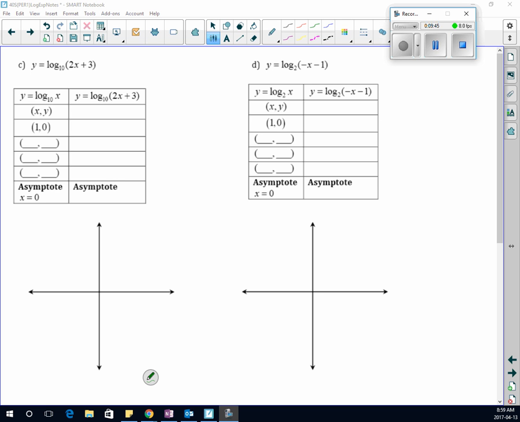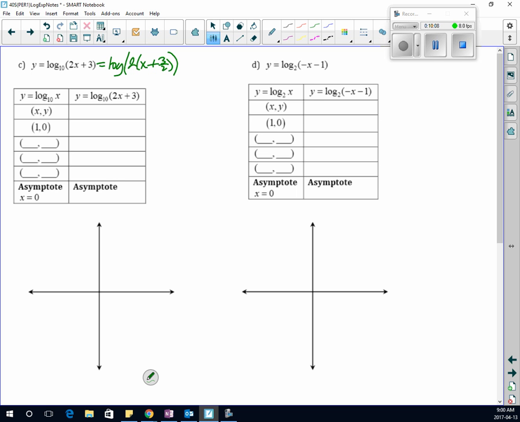Yes, does everybody see we have to factor here? So this is going to be log, I don't know why I put the 10 there, but I'm not going to write it this time. It's going to be 2 bracket x plus, what is that going to be then? 3 over 2, 1.5, right? Yes, everybody go with that?